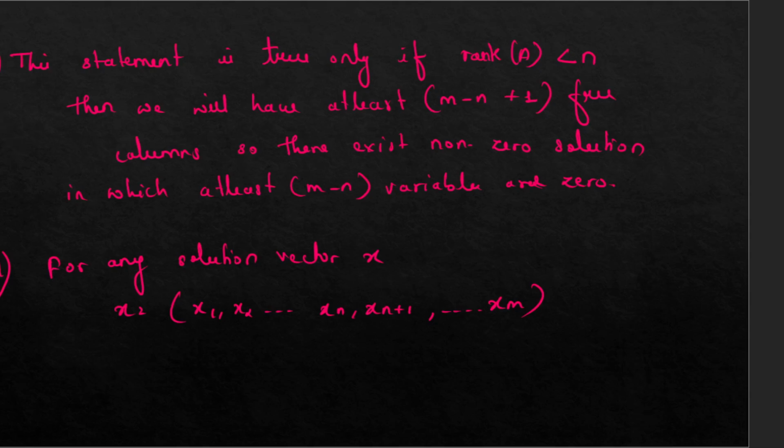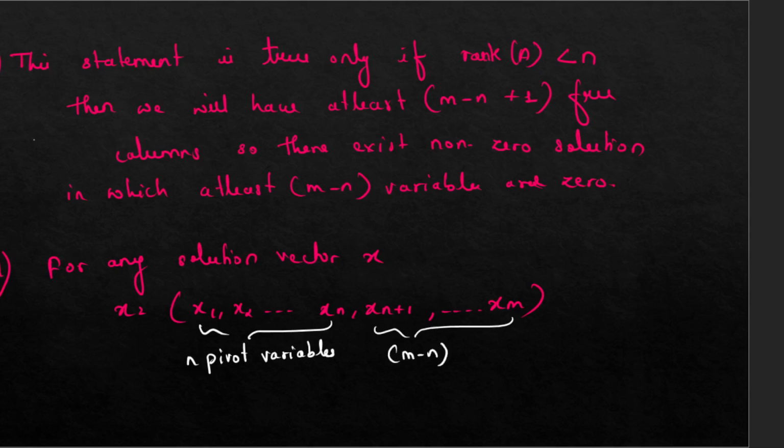So this clearly will be n pivot variables. This clearly will be m minus n free variables.